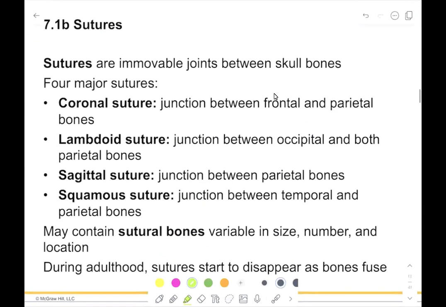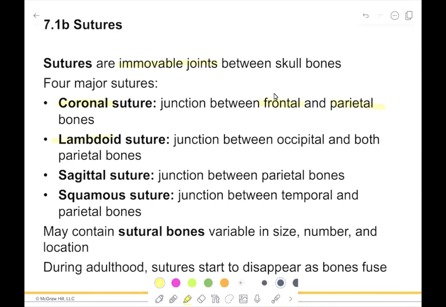This is showing the names of sutures, a lot of which that we've already talked about. Sutures are specialized joints which are immovable. As you'll be learning in a later chapter, the joints are classified based on the degree of movement that they allow. Some are immovable, some are slightly movable, and some are freely movable. The first suture is called the coronal suture between the frontal bone and the parietal bone.